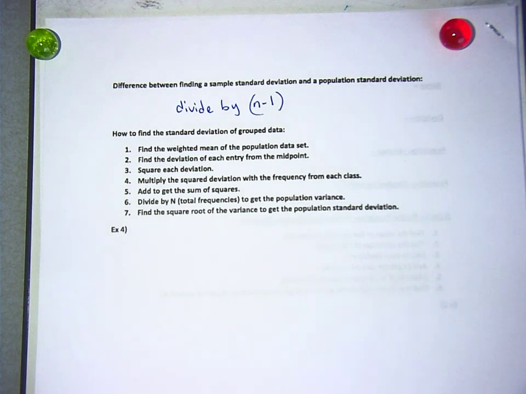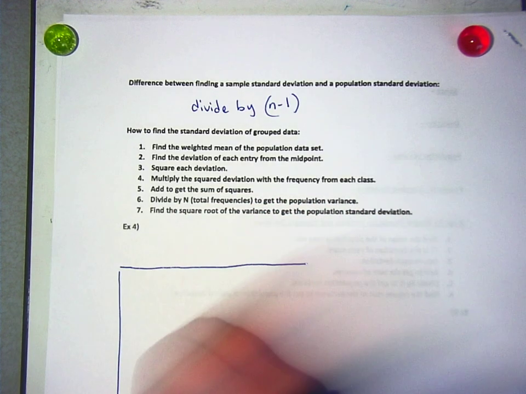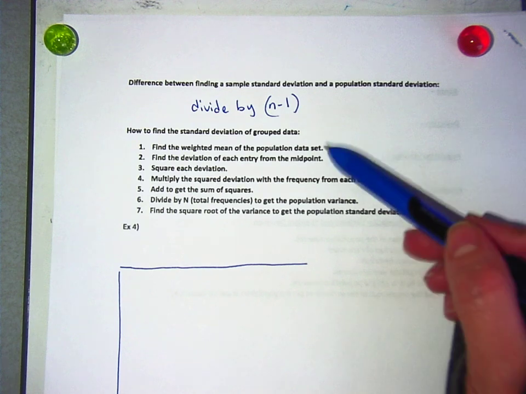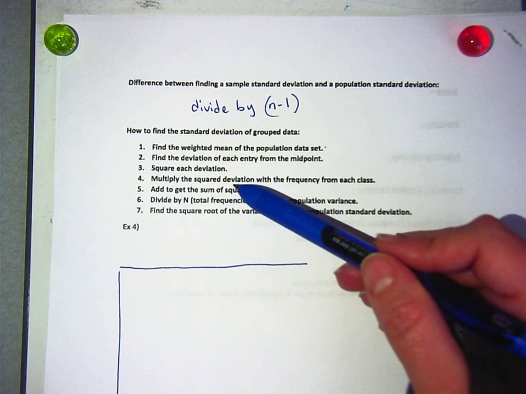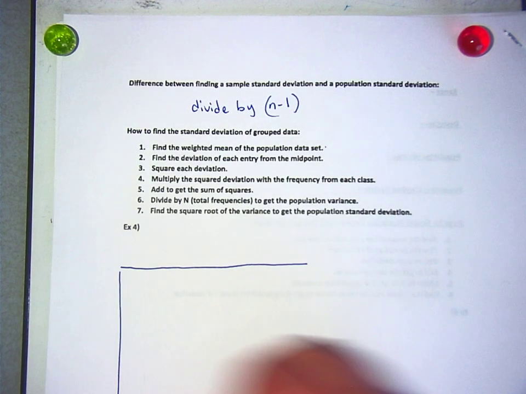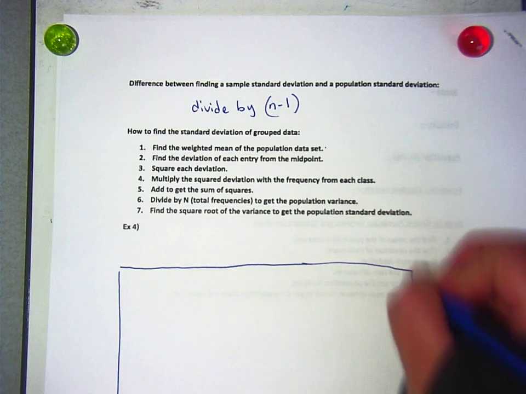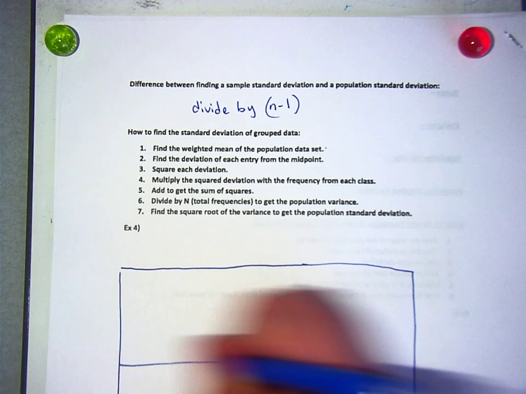Okay, now, what we did not learn how to do before was a grouped population standard deviation. So let's see, 1, 2, 3, 4, 5, 6, I think it's 6 across, and we're going to go 5 down.